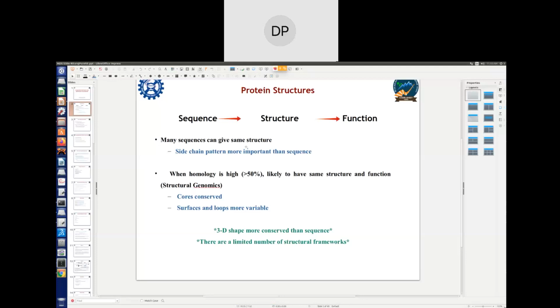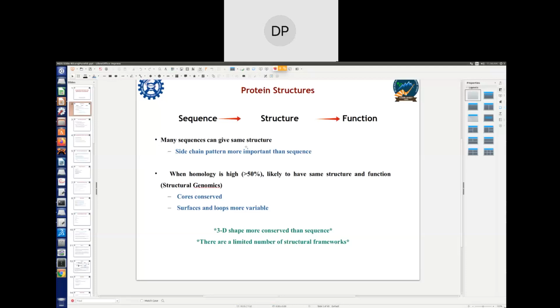And with homology, if you see the sequence, many sequences can give the same structure. The side chain pattern is more important than the sequence. You already saw in the previous lecture that the sequence is just a string in text form, like AGCT, if you talk about the sequence.